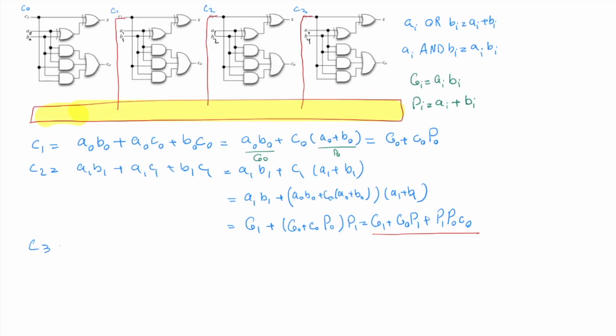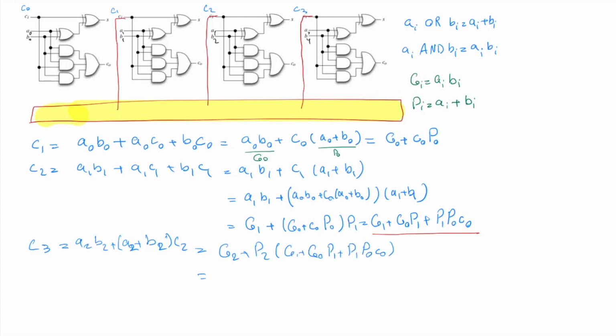Let's do it for C3 and C4. For C3, you have A2 B2 plus A1 plus B1, so A2 plus B2 multiplied by C2. And if I apply the same logic here, I'm going to get G2, which is this first term, plus P2 multiplied by C2, but C2 is just this, so I'm going to replace it with that.